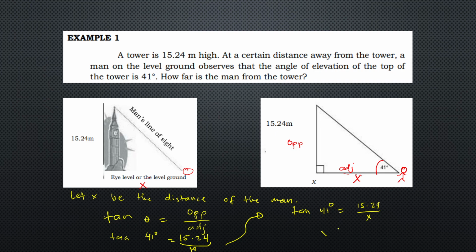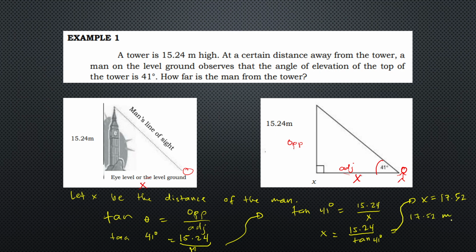Then you do cross multiplication. It is x equals 15.24 over tangent 41 degrees. Roughly, that is around 17.52 meters.